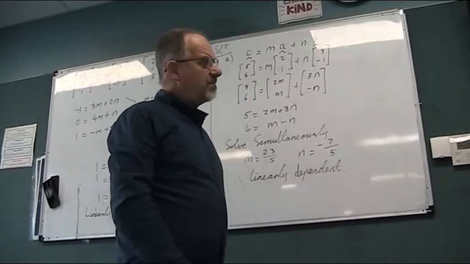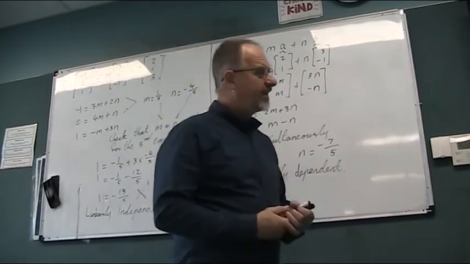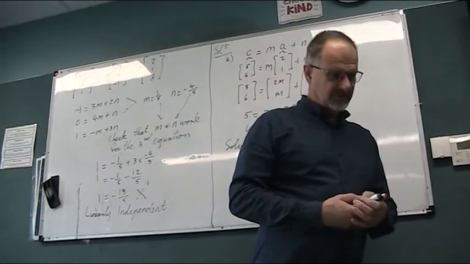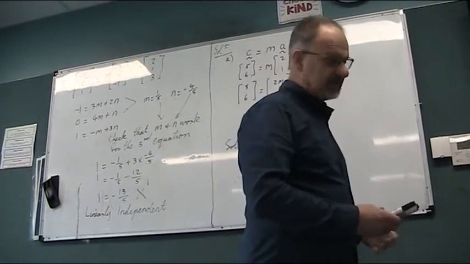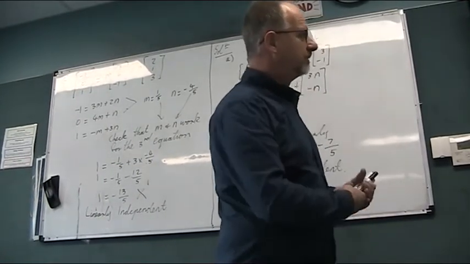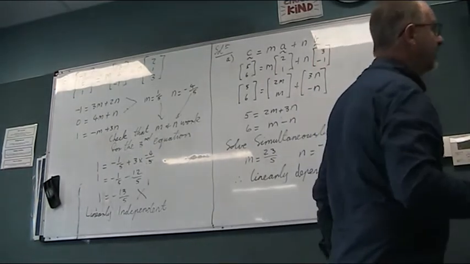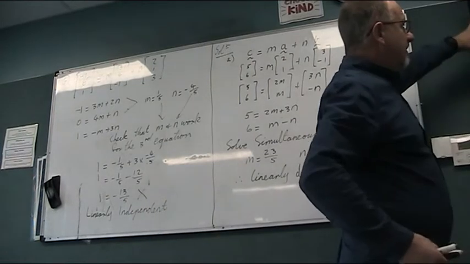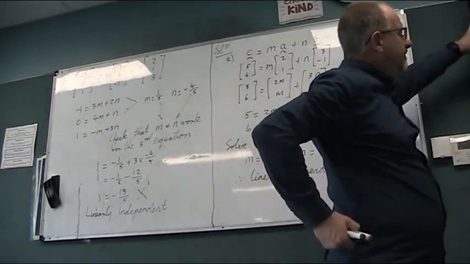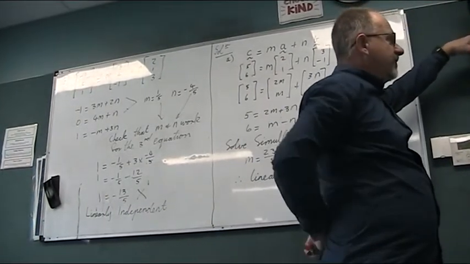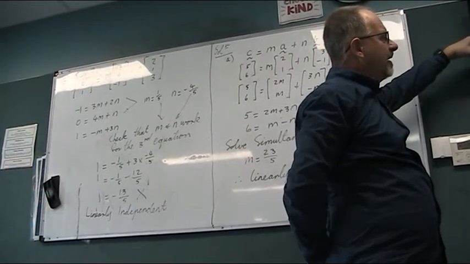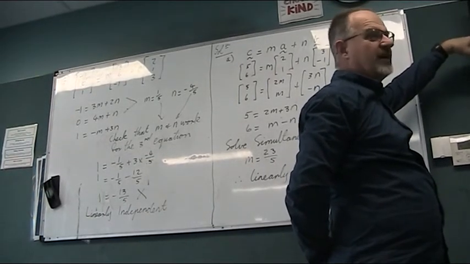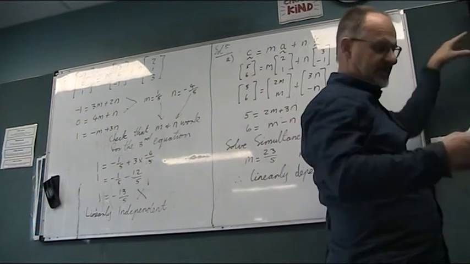All right, components of a vector, bits of a vector, we can split vectors up. It's not quite the best title, but anyway, not to worry, we'll survive. So, a unit vector. We use unit vectors quite a bit. A unit vector is a vector of magnitude 1.